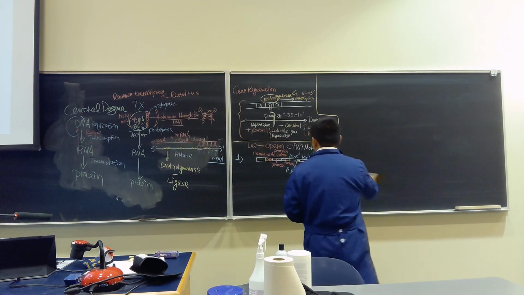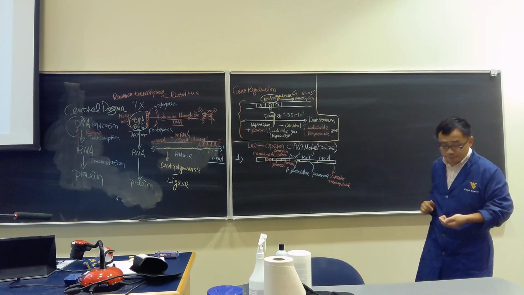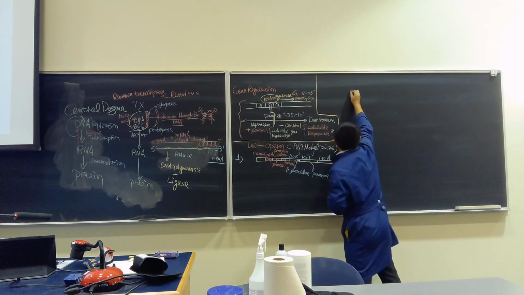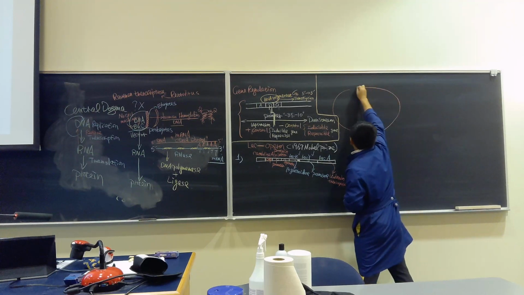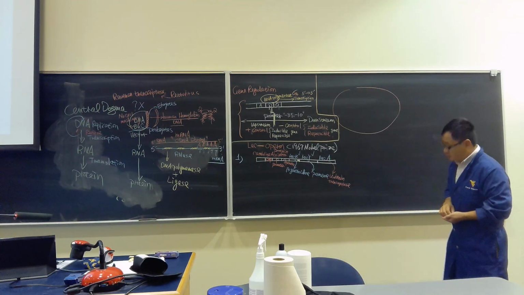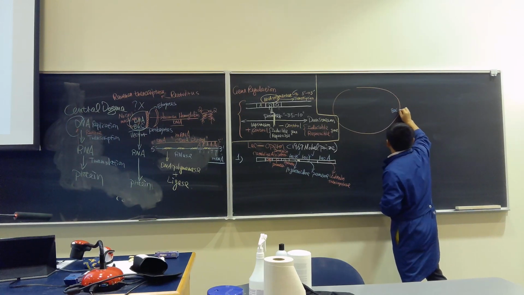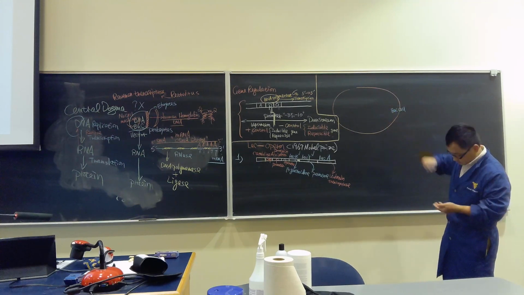Now, before we talk about the lac operon, you need to know some of the basic story behind it. Then you understand it. Okay, here is a bacterial cell. A very large bacterial cell. I have a lactose coming.